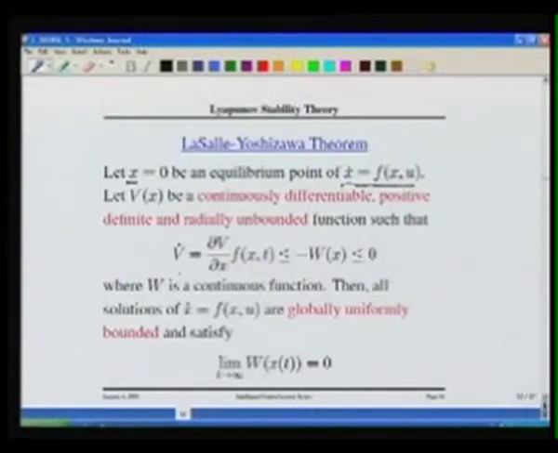Then if the time derivative of the Lyapunov function, V dot, is less than or equal to minus some function W(x), where W(x) is a positive definite function.